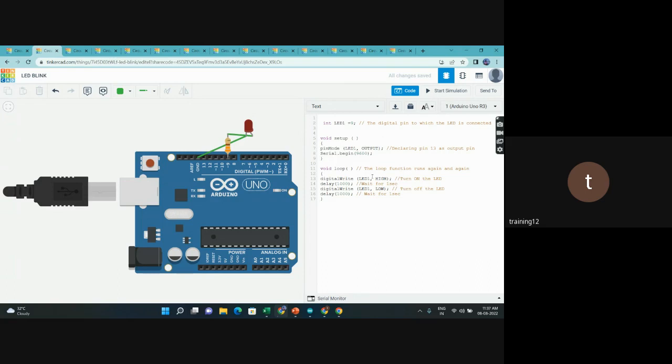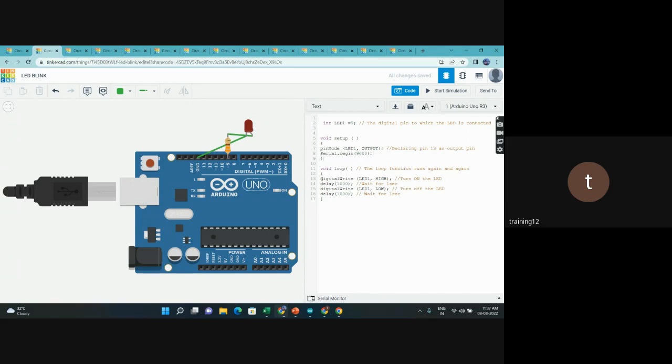In the void loop portion, digitalWrite LED1 HIGH turns on LED1. Then you have to mention a 1 second delay so that you get the blink. First high, then after 1 second low, then after 1 second high, then after 1 second low.